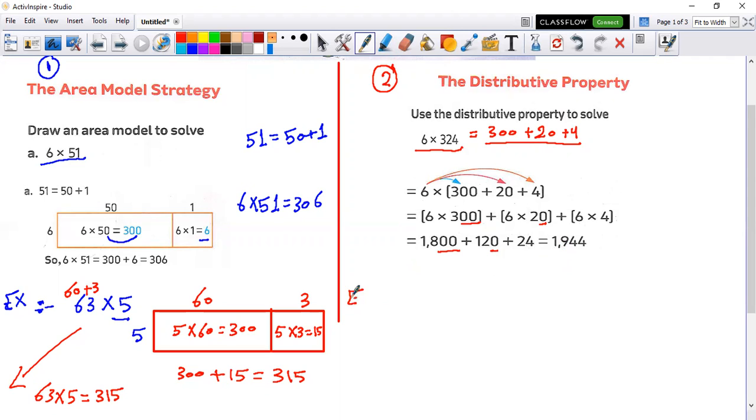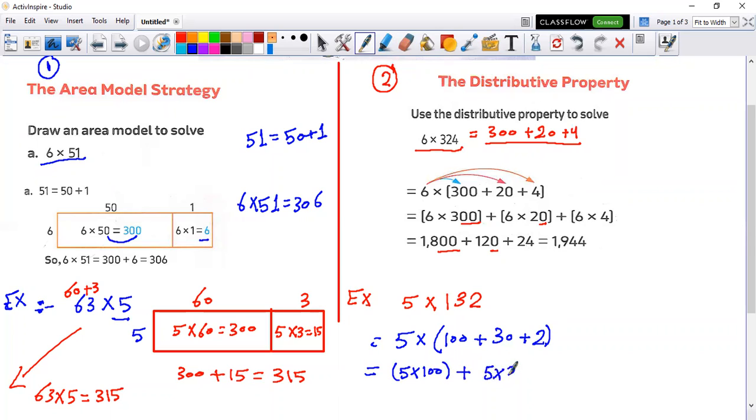Another example, 5 times 132. Put 132 in expanded form, 5 times 100 plus 30 plus 2. 5 times 100, between brackets, plus 5 times 30 plus 5 times 2.